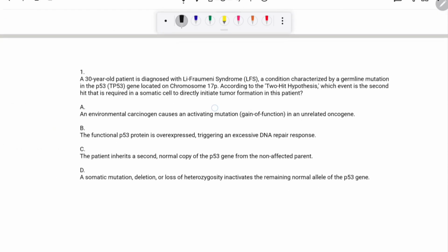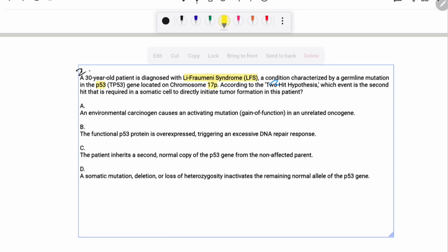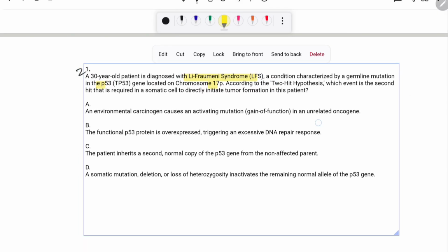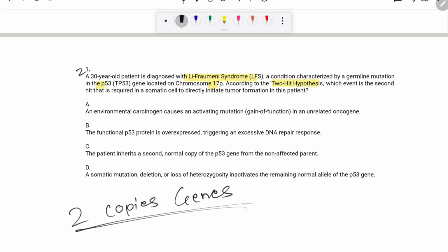Moving on to the second question. Here they are asking about a 30-year-old patient who is diagnosed with Li-Fraumeni syndrome. The gene mutation is also given, the chromosomal location is also given, but they are asking about the two-hit hypothesis. So according to this hypothesis, 2 copies of the gene should get altered so that the cell cycle is affected and the cell division is uncontrolled.